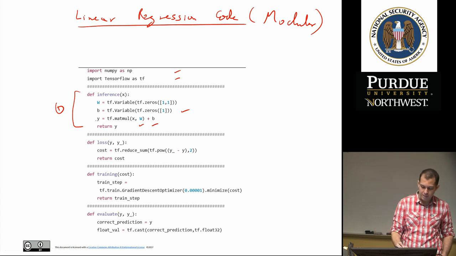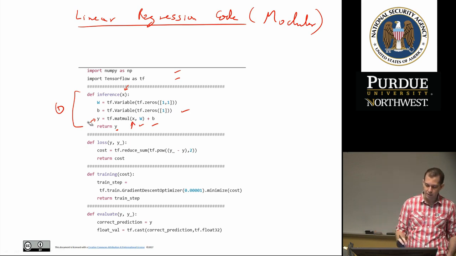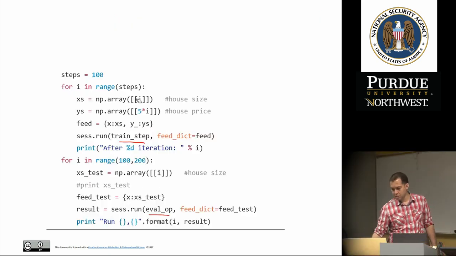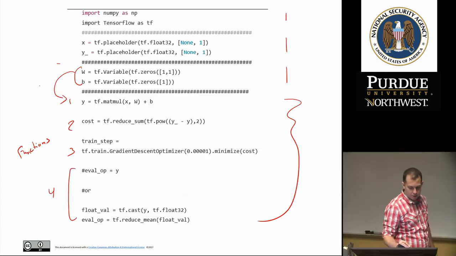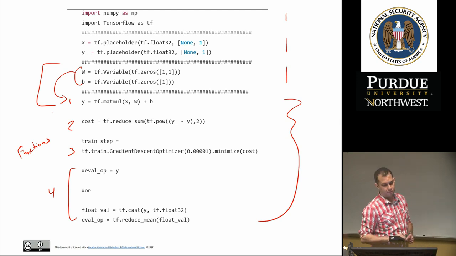And then all that happens now is that the inference equation Y needs to be returned, and we need to provide to it this input x. That's really all that has changed, but everything else is still the same. We just rearranged the code that we had previously, so these 3 elements basically go into a new specific function.